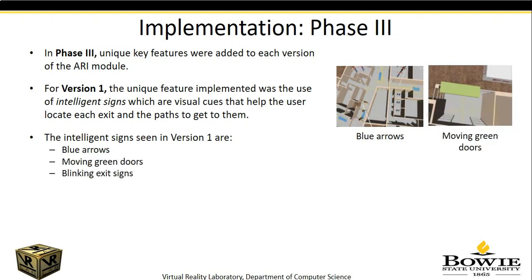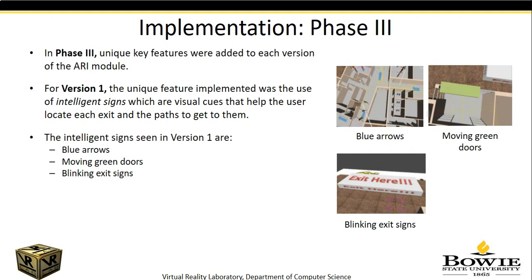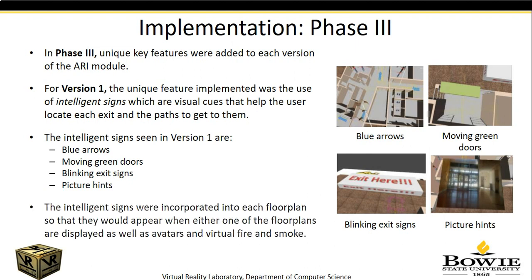The intelligent signs shown in version 1 were blue arrows, moving green doors, blinking exit signs, and picture hints. The intelligent signs were incorporated onto each floor plan so that they would show up on the floor plans, as well as avatars and virtual fire and smoke.